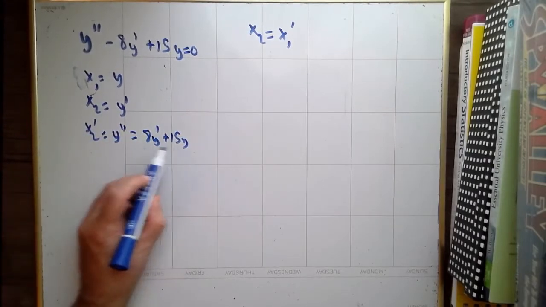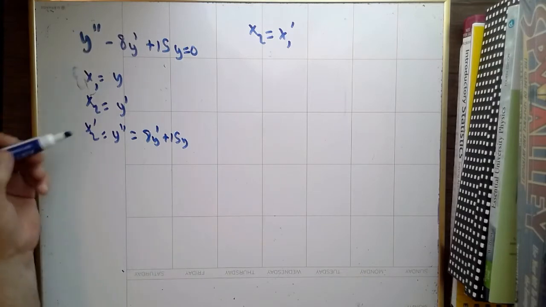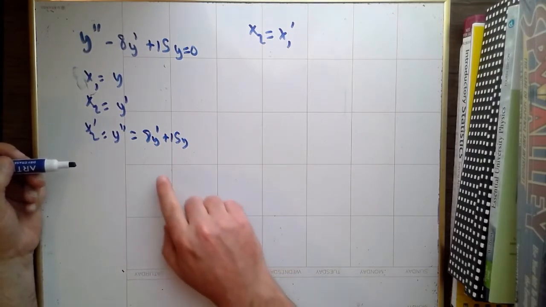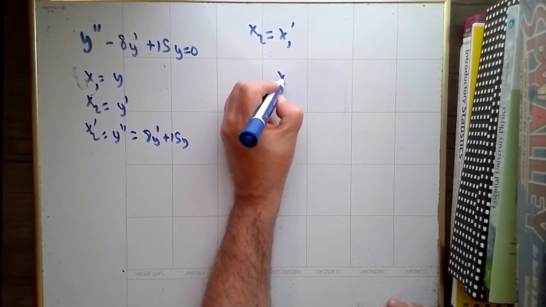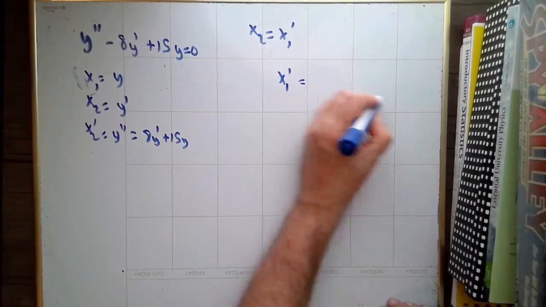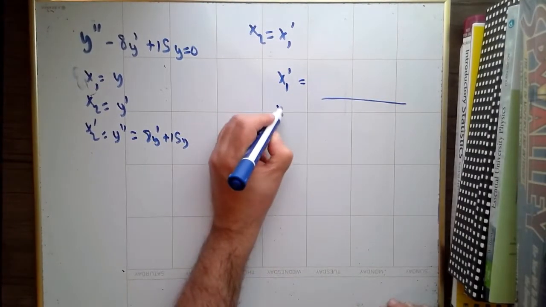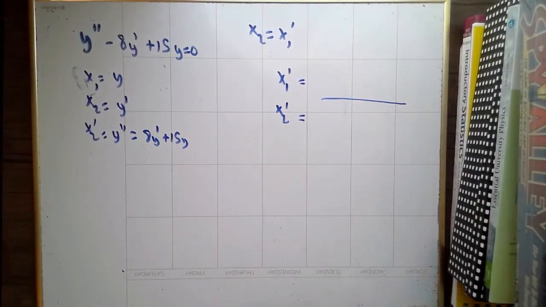But I have these guys. It's easy to get lost in the details here. I want everything in terms of x1 and x2. So at the end of the day, I want to be able to write x1 prime equals an equation that has x1s and x2s, and x2 prime similarly, equations with 1s and 2s.